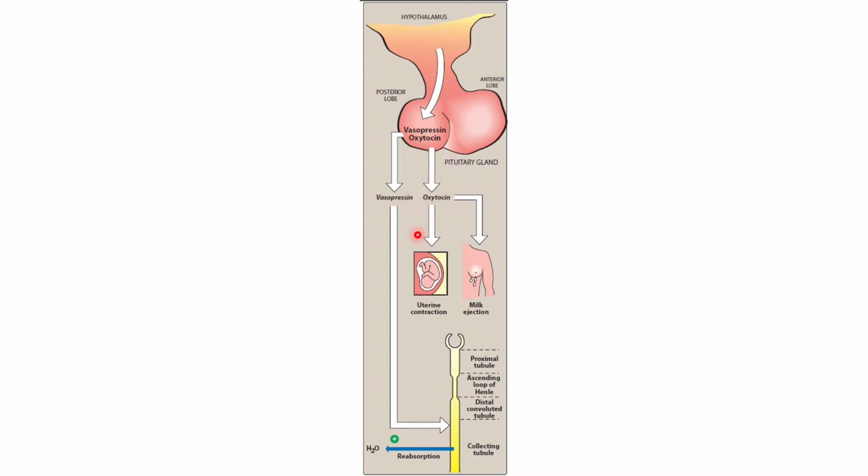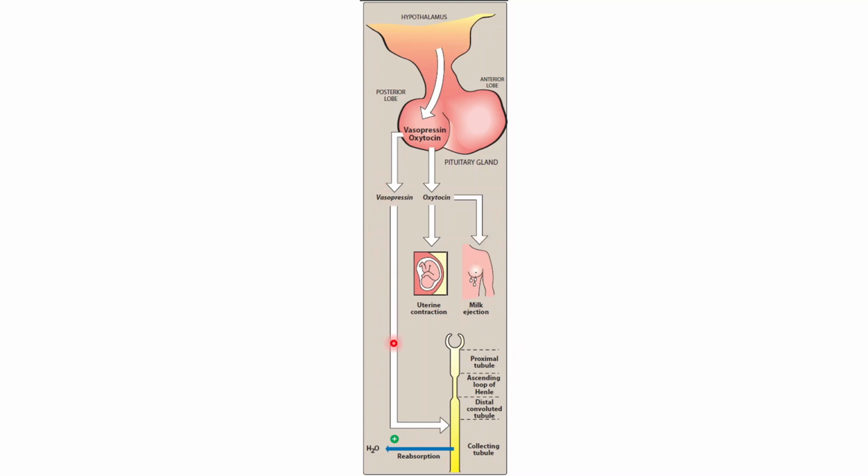Oxytocin is important for the contraction of the uterus during delivery, and also after delivery for stimulation of prolactin and stimulation of milk ejection and lactation. So actually both of these are for maternity and for the development of the fetus and then the child.